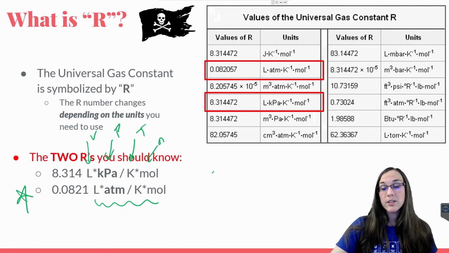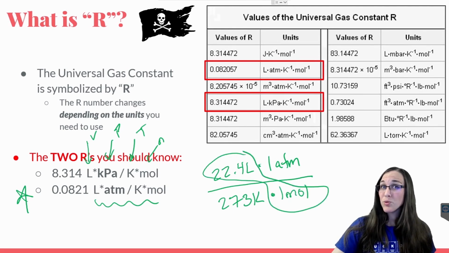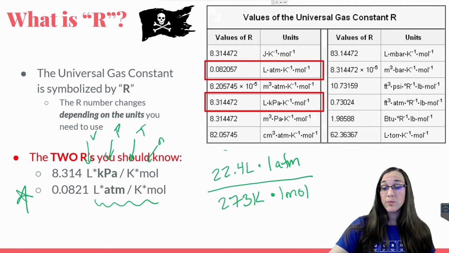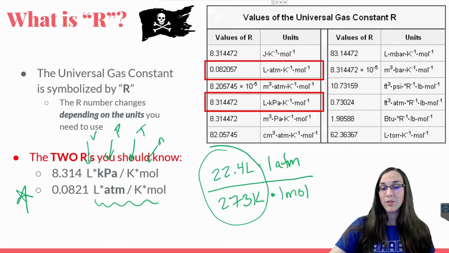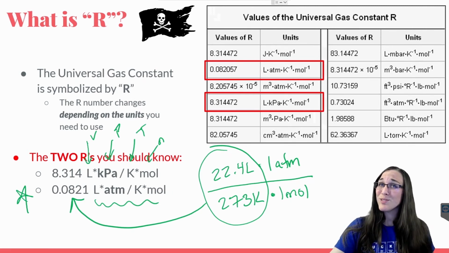We would have 22.4 liters of a gas at standard pressure, which is 1 atm, divided by the baseline for standard temperature, which is 273 Kelvin, times 1 mole, because we know that 1 mole is equivalent to 22.4 liters at standard temperature and pressure, which is what we have signified here. So literally, if we just take 22.4 and divide it by 273, we get a value of 0.0821. And that's where this R gas constant comes from in the first place.